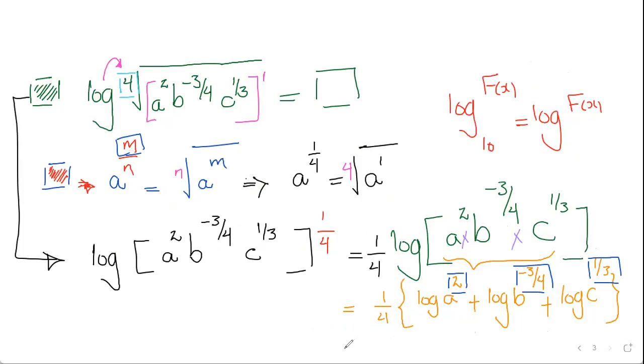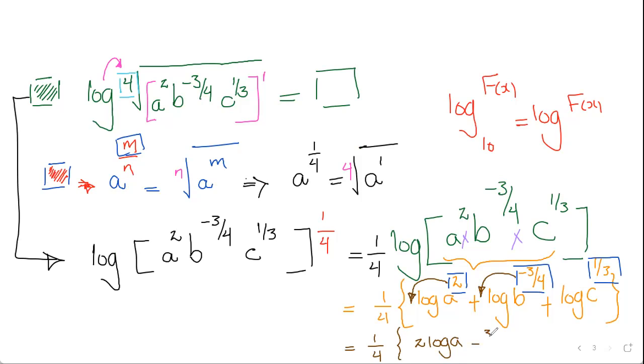I keep the 1/4, which is there. I took 2 as an exponent to fall off as a coefficient. Then we have 2 log of a. Now, we have -3/4, which is going to fall off as an exponent, becomes plus -3/4.